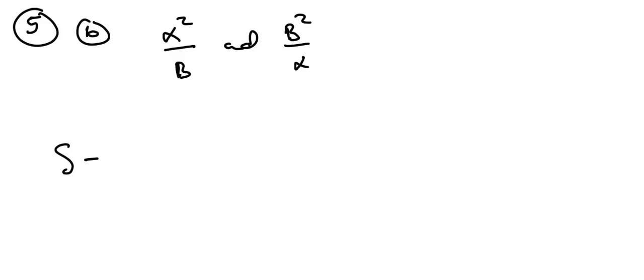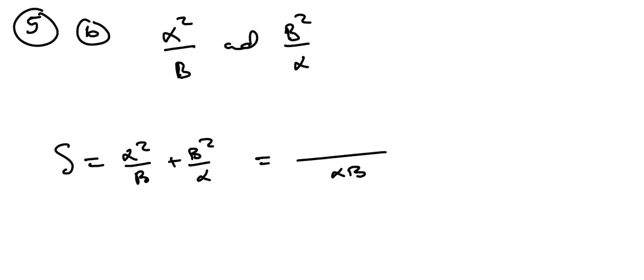So the sum is just going to be, we add them, alpha squared over beta plus beta squared over alpha. This is equal to, over alpha times beta, then this will be alpha to the power 3, because we're just multiplying this and that, and this is going to give us beta to the power 3. Now we already know what the guy on top is. We know what alpha cubed plus beta cubed is.